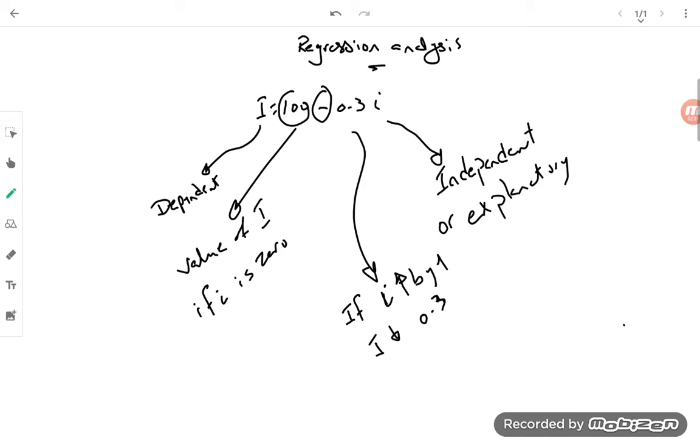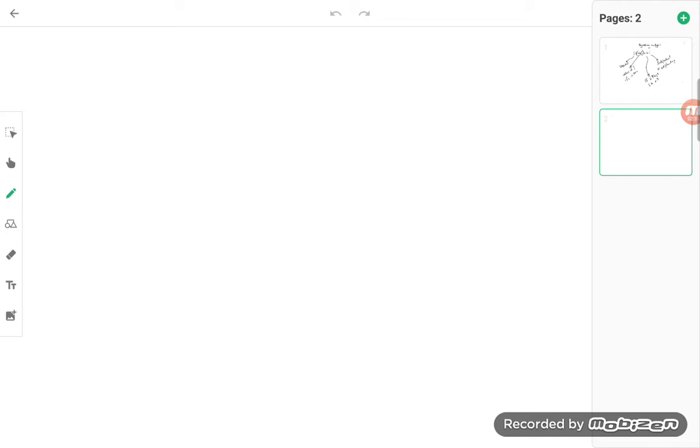And we have differentiated between population and sample using notations. As we said, the equation for population can be written as y equals alpha plus beta x plus u. So this is related to population.